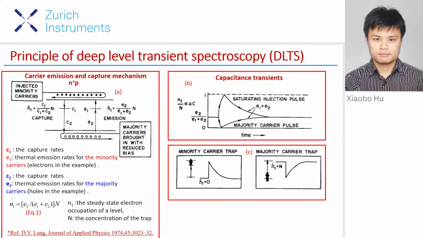An increase in trapped minority carriers causes an increase in the junction capacitance. The capacitance transient due to a minority carrier trap is always positive, and the majority carrier trap is always negative, which is induced only by majority carriers.